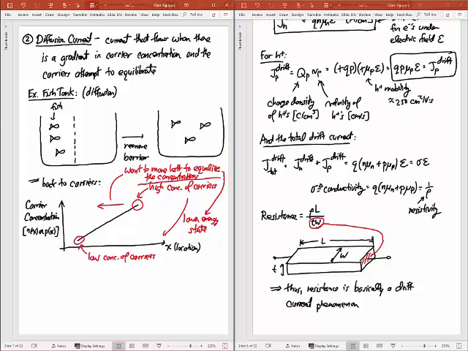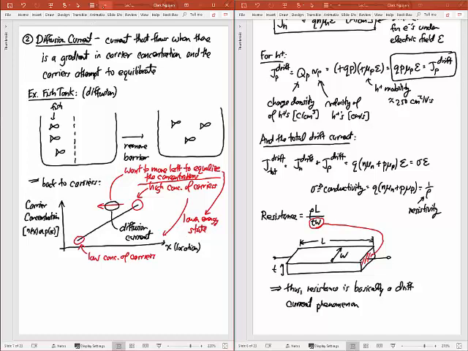Right, so this motion in this direction, if I have carriers going in that direction, that's a movement of charge. This is diffusion current. And this turns out to be a very important form of current in semiconductors here.